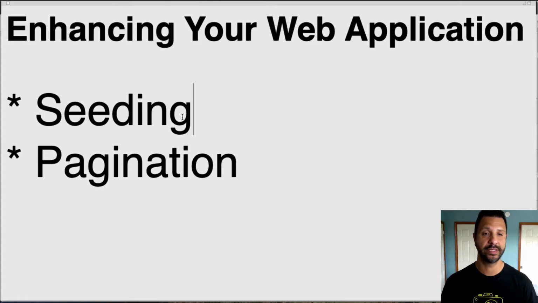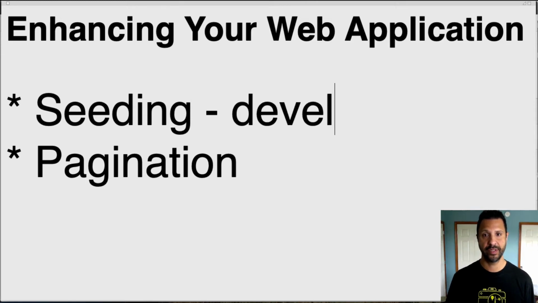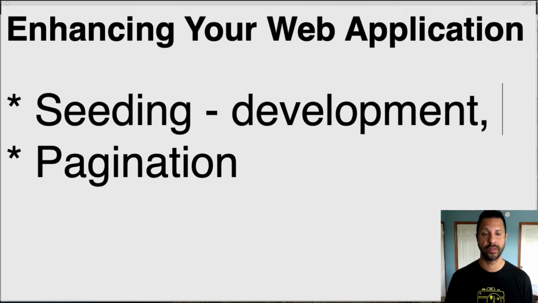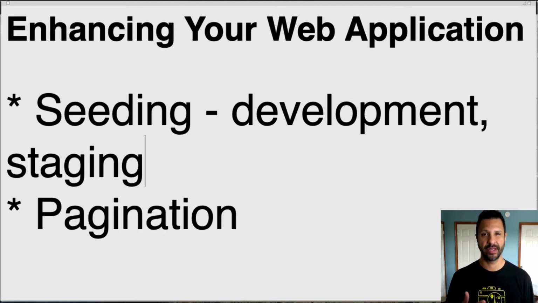First thing I want to do is the seeding part. And seeding, like I said before, is short for loading your database with lots of records. And this is used primarily for either your development environment or maybe a staging server, like a quality assurance server that needs data so they can test your site, and also test servers.